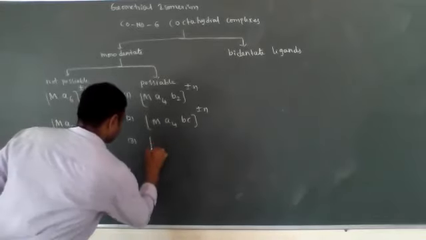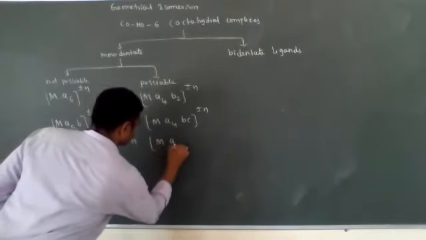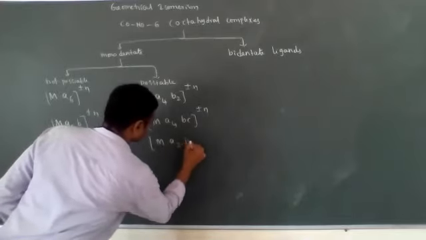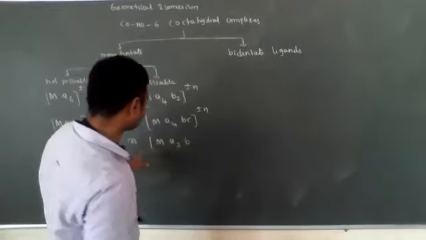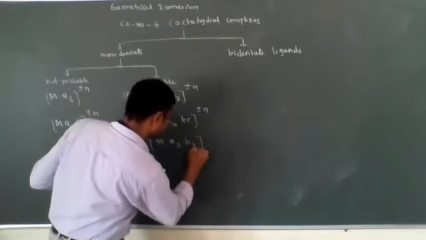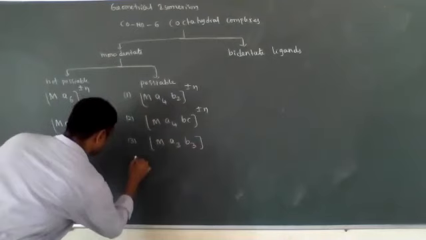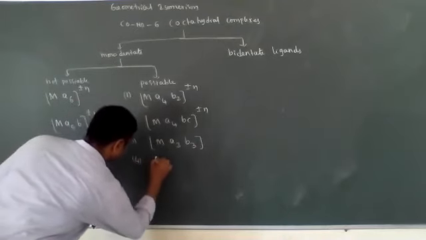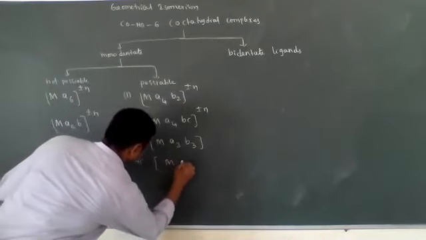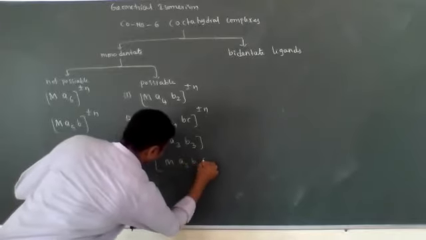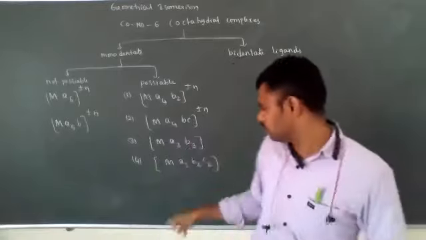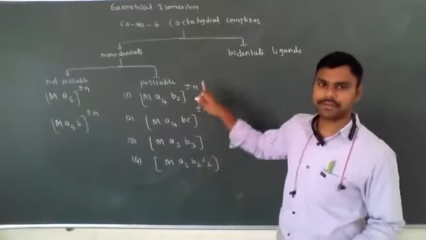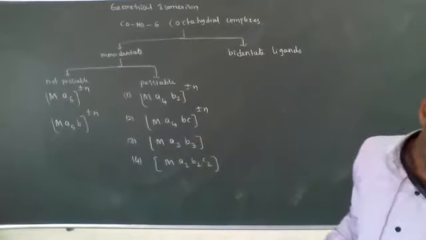Next, MA3 means 3 are the same, MA3B3. Next, MA2B2C2, so 2 are the same and 2, total 6. Then they exhibit geometrical isomerism.